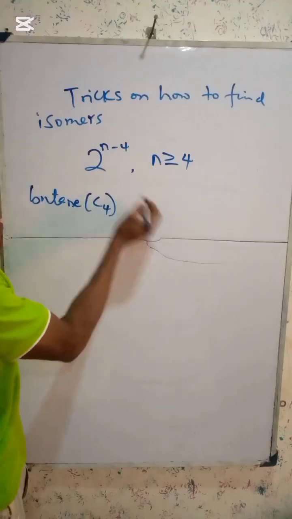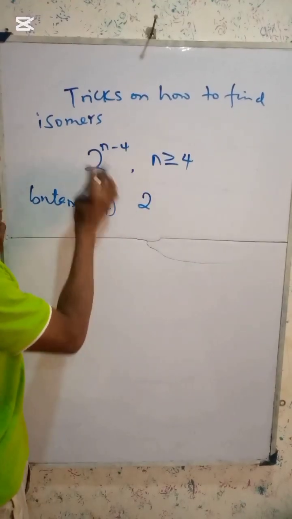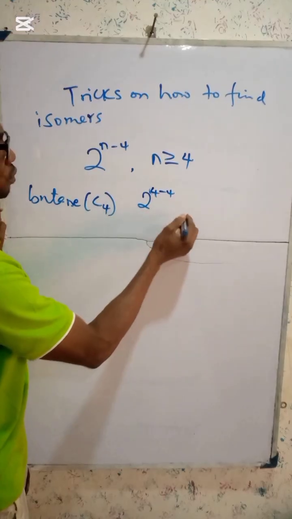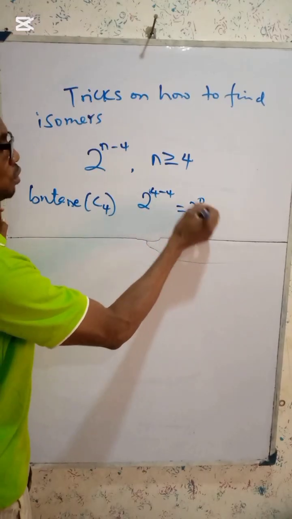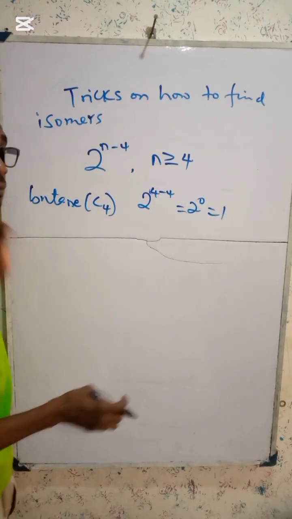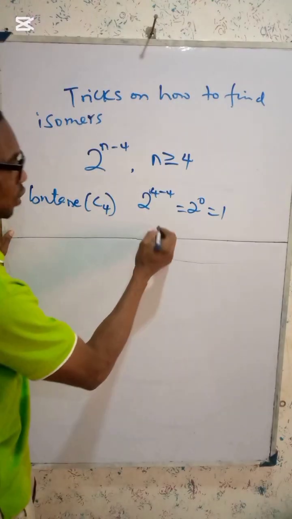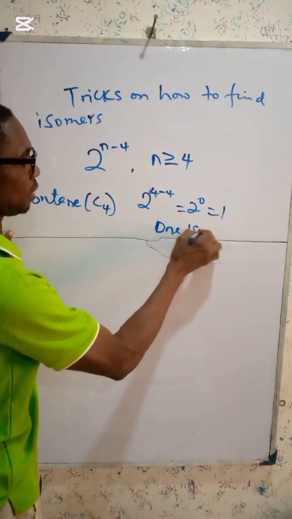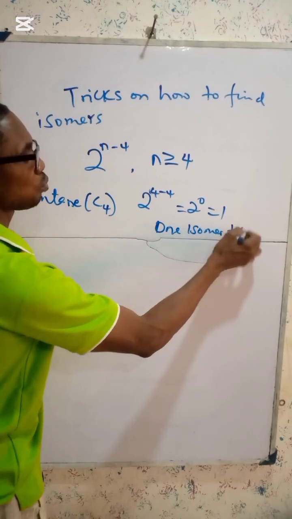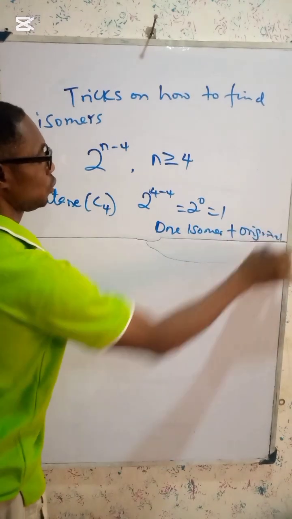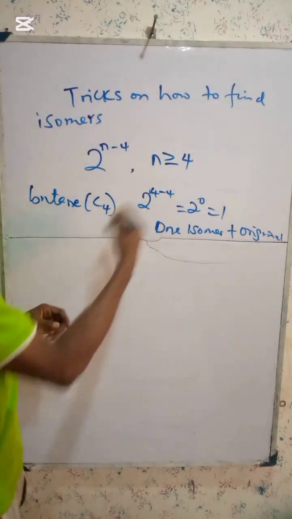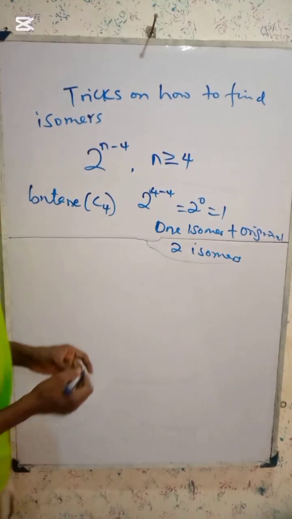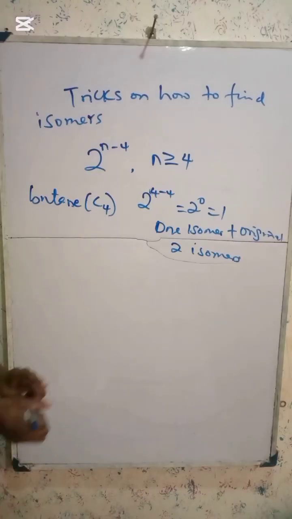Using this formula, we have 2 raised to power n, where n is 4, minus 4, which gives us 2 raised to power 0, which is equal to 1. 2 to the power of 0 is 1, meaning that we have 1 isomer plus the original, which is n-butane. So all in all, we have two isomers from butane. That's how you go about it.